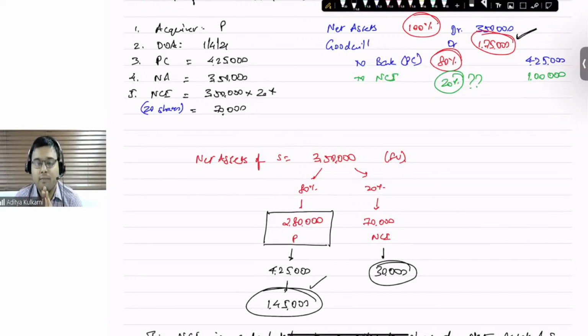So what will we call this? The opposite of partial is full. So if you record NCI at its fair value, the goodwill that is recorded is known as full goodwill. Both are permitted in Ind AS 103. Is this clear? Have you guys understood partial goodwill, full goodwill, NCI at fair value, NCI at proportionate share of net assets? Have you guys understood this part? Yes.